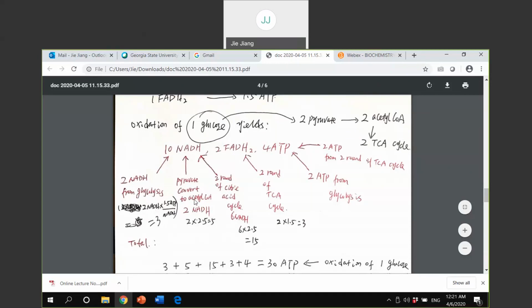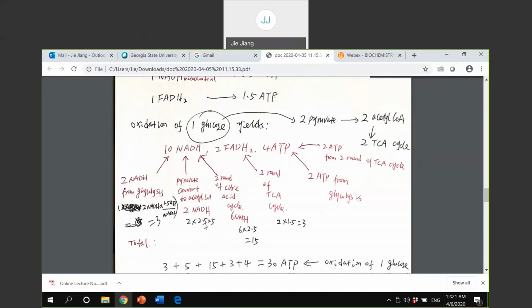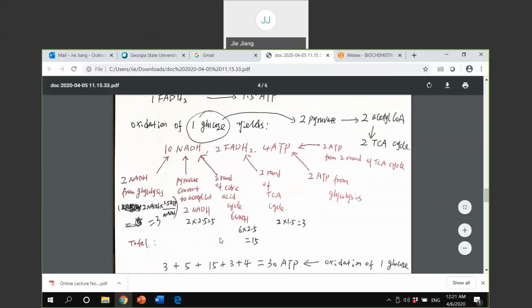But pyruvate converted to acetyl-CoA occurs in the mitochondria already, so that is 2 times 2.5. Each NADH in the mitochondria will generate 2.5. And the citric acid cycle is also in the mitochondria, so it's 6 times 2.5. For FADH2, it's 2 times 1.5. The ATP, they are the same number, right? So when you add all this together, totally you actually got 30 ATPs.